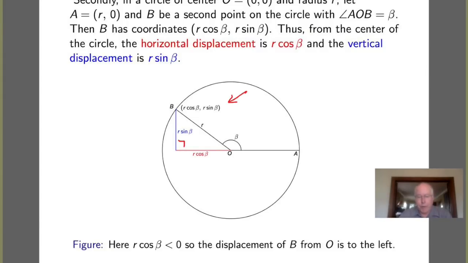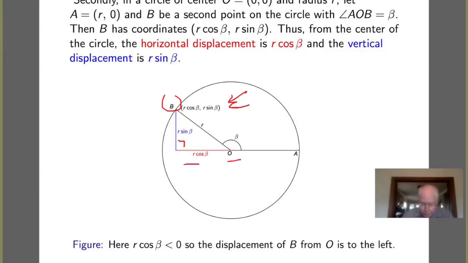If the circle has radius 1, so r equals 1, then these coordinates are just cosine beta, sine beta, which gets you back to the unit circle definition of the trig functions. So this is how we're going to measure the horizontal displacement and the vertical displacement of a point like B from the center of a circle.